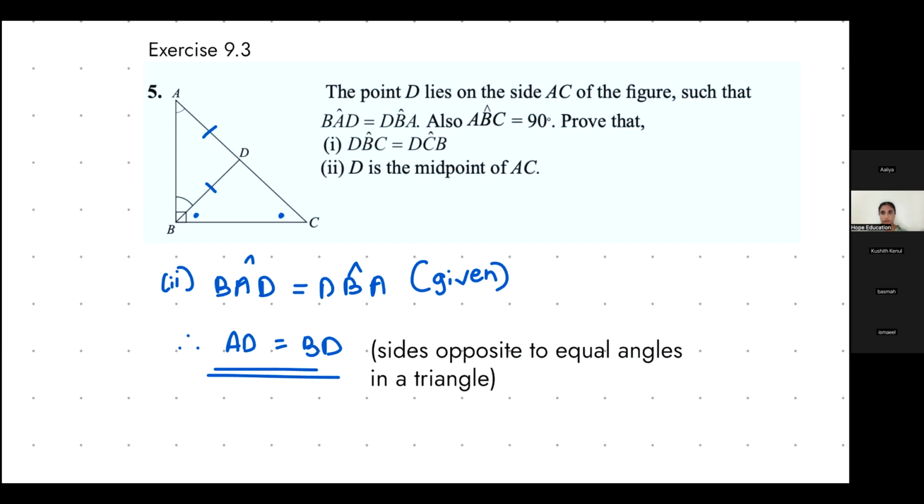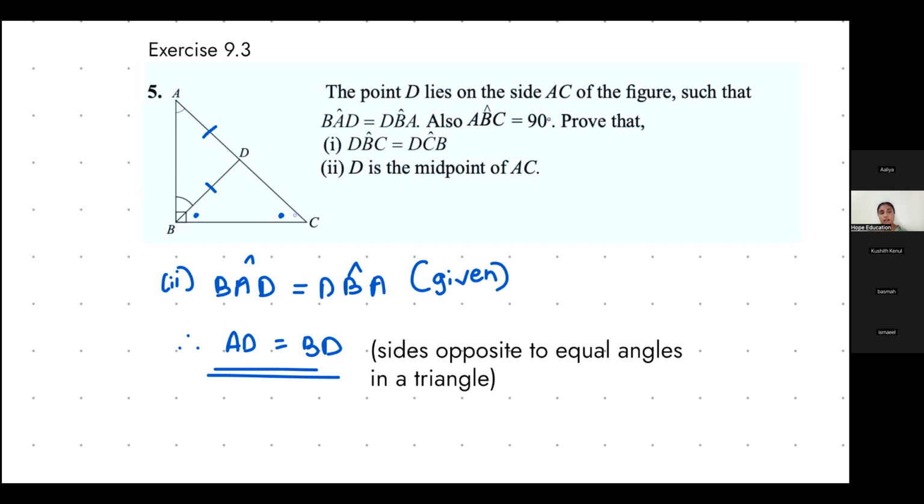Showing that ABC plus BCA plus BAC equals 180, and that B is equal to 90 degrees, making BAC plus BCA equal to 90 degrees. Yes, I think that makes sense.